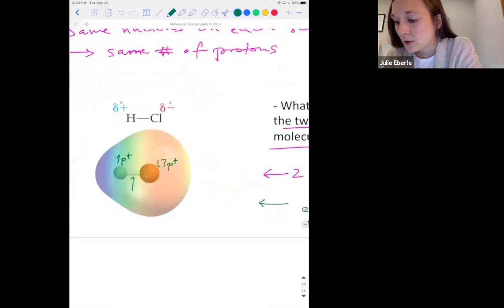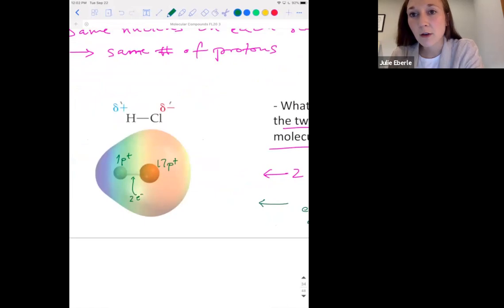So the two electrons in this bond, which side are they going to be pulled towards the most? Are they going to be pulled towards chlorine or towards hydrogen? They're going to be pulled towards the side with more protons, with more positive charge. So they're going to be pulled towards chlorine, all right?